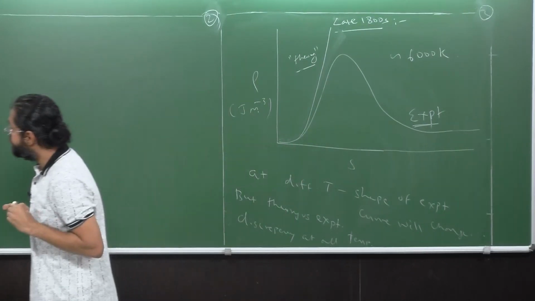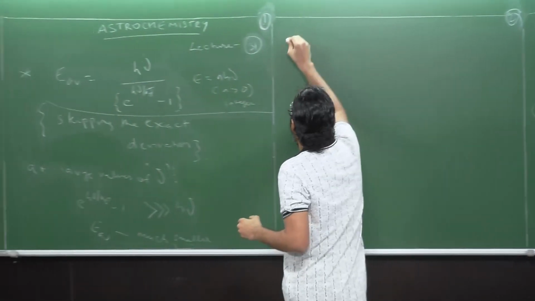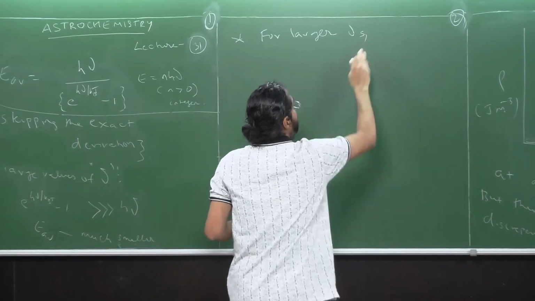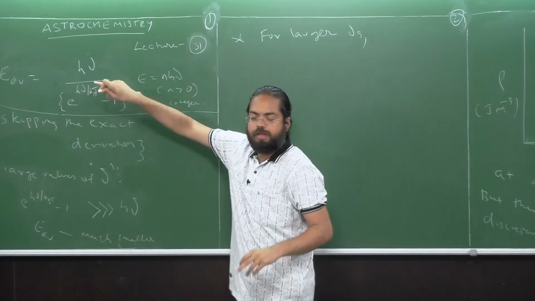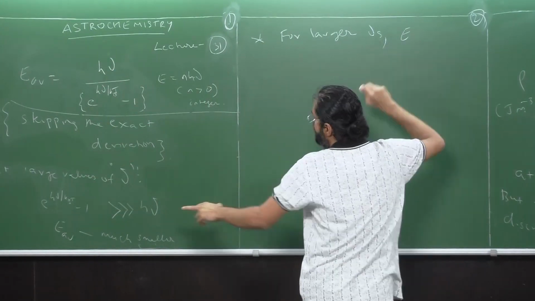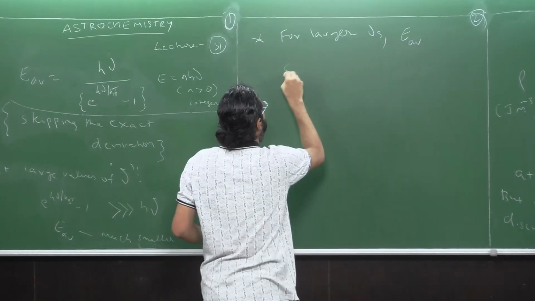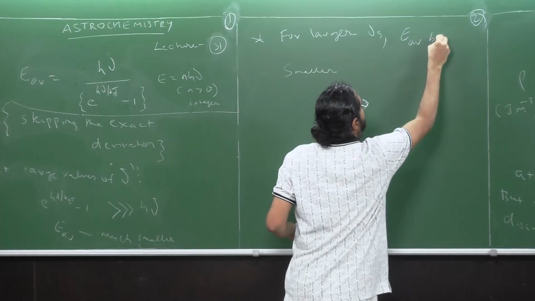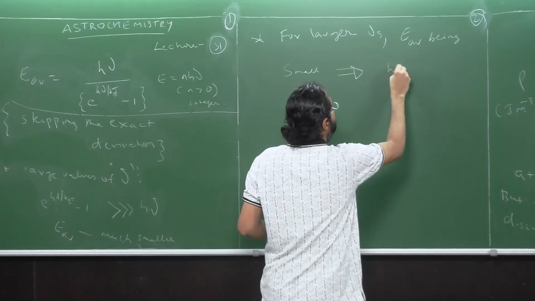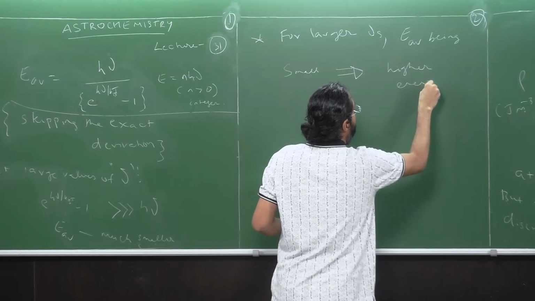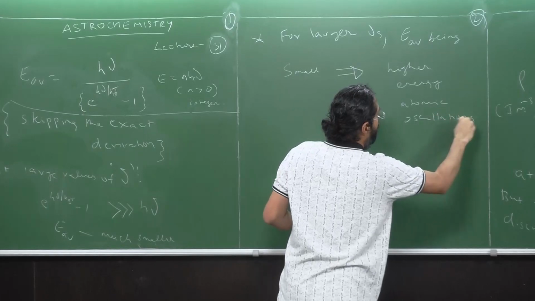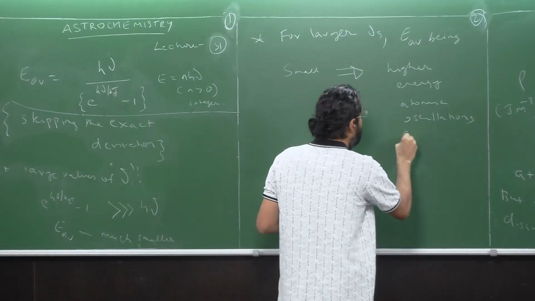So for larger frequencies, because the magnitude of the denominator is much larger than the numerator, your E average is smaller, and E average being small implies that higher energy atomic oscillations could be ignored.